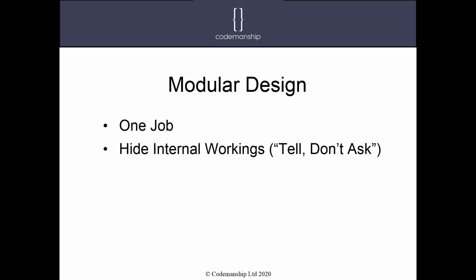Now, the style of design here is sometimes referred to as "tell, don't ask," and we're going to see some examples of this. Essentially, in enterprise computing, it's very much the norm that we have objects that do work, business calculations for example, and objects that store data. You might call them data classes or entities or business objects.